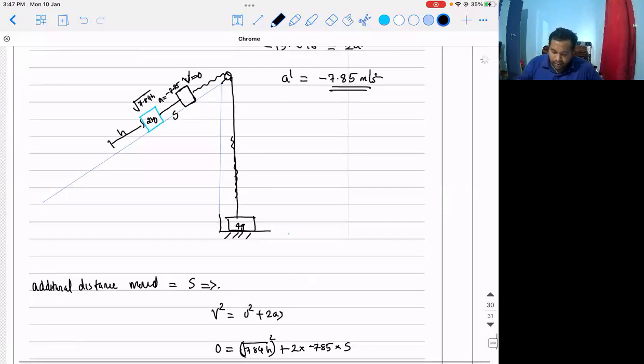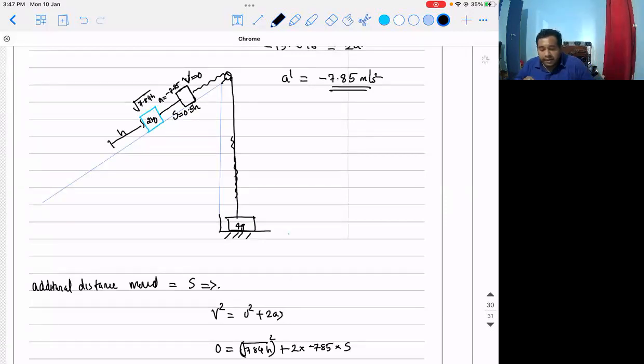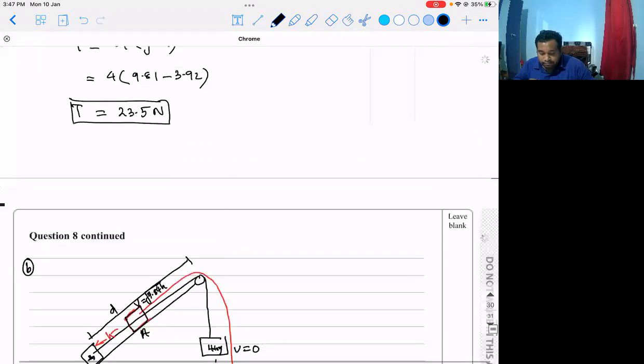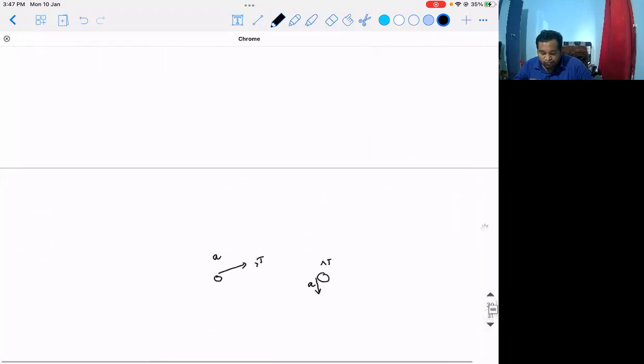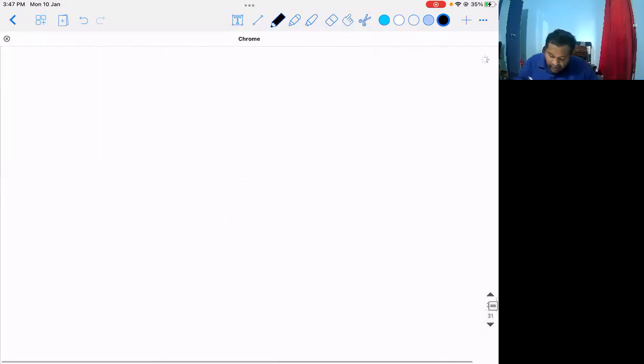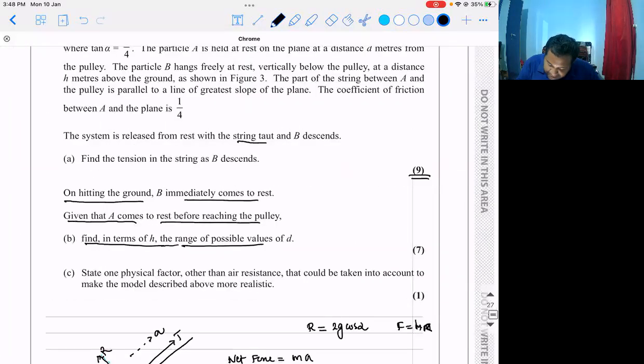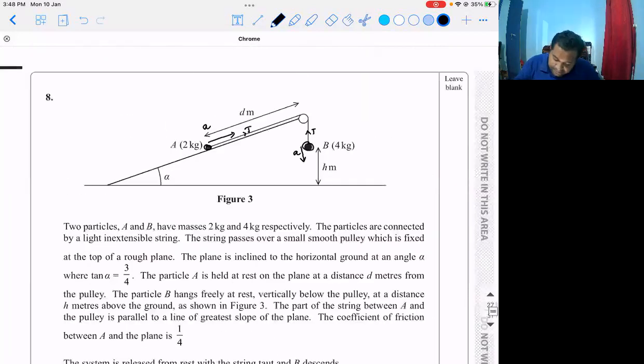Okay. So once again, the particular question: find in terms of h the range of possible values of d. So this is the d.